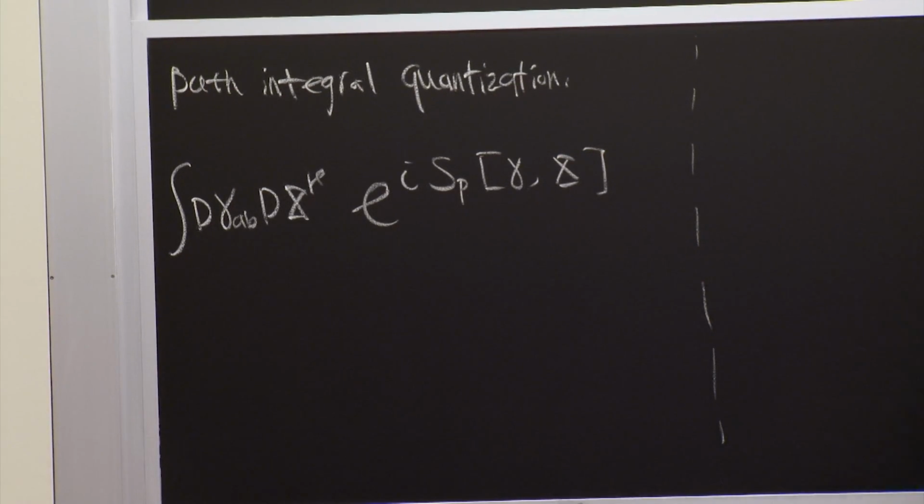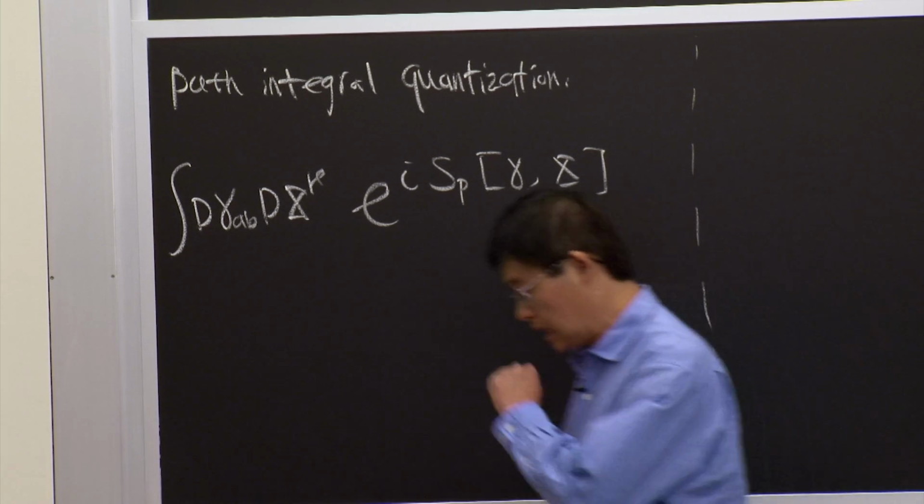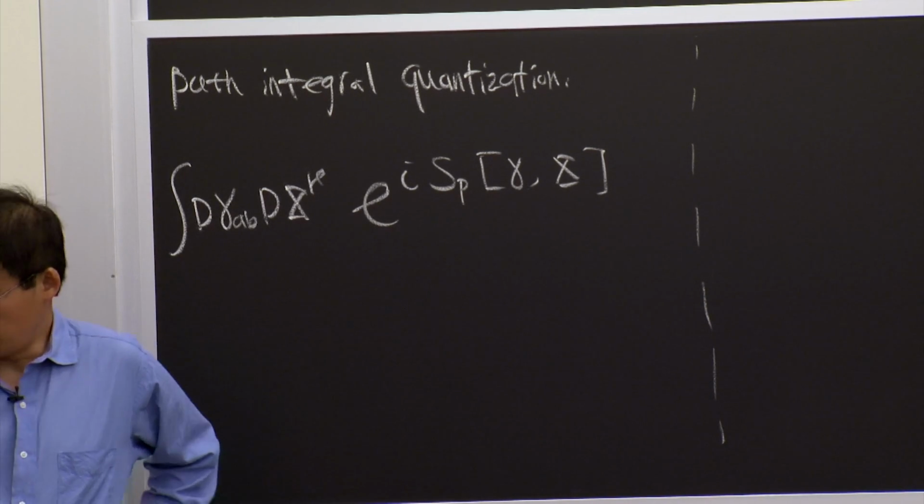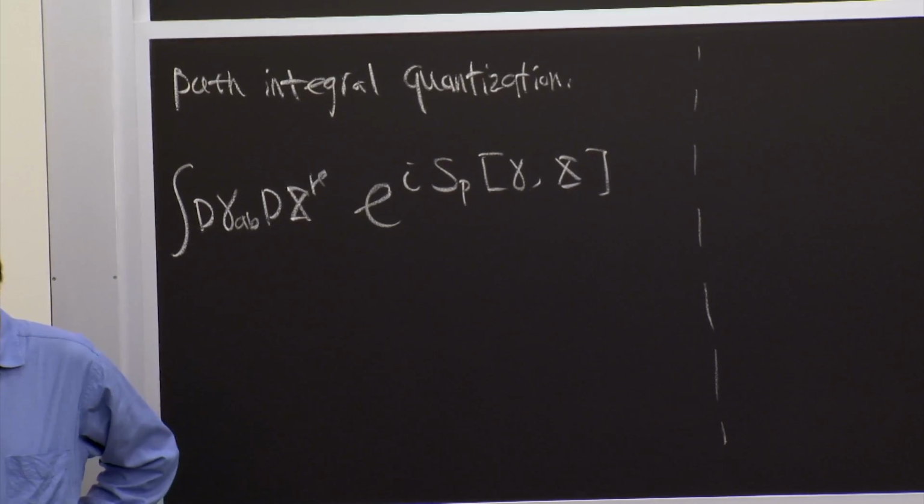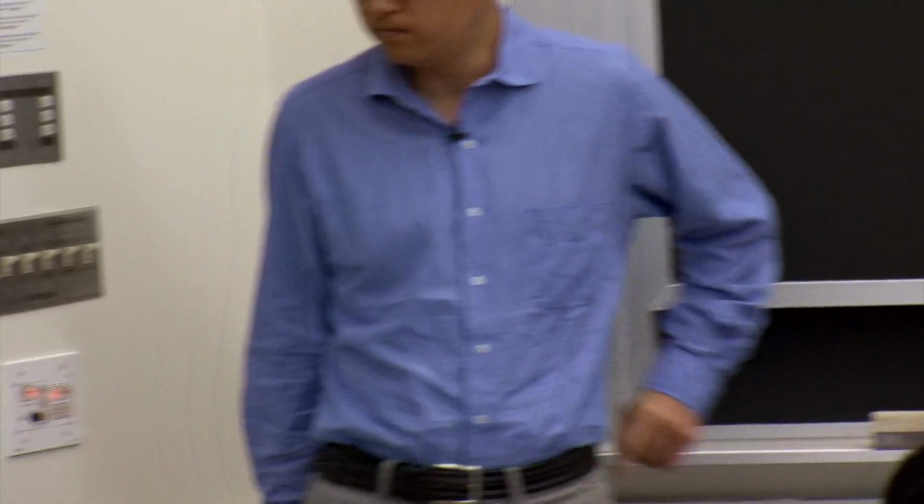Both are dynamic variables. When you quantize, you have to path integrate over all of them. Let me say a little bit more about the geometric meaning of this action, which we mentioned at the end of last lecture.